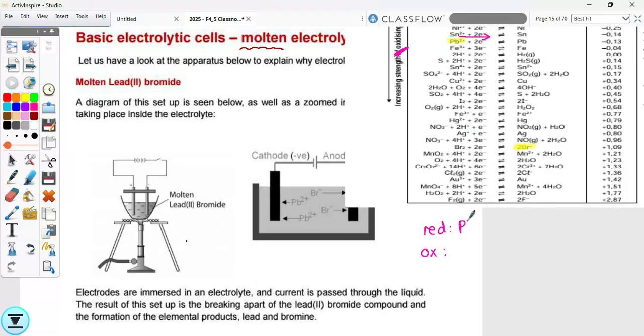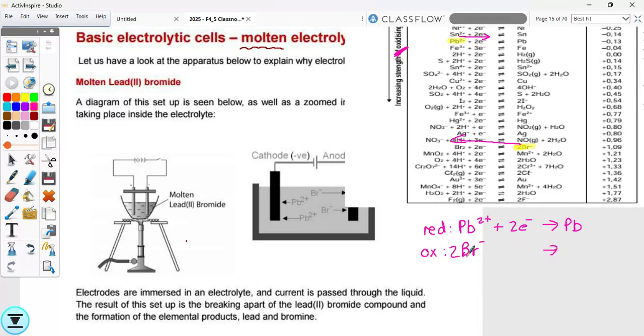And you can just write your reaction: Pb2+, you copy it exactly like it is from the table, forms Pb, with a one-way arrow. And the oxidation one, you write from the right to the left. So you're going to say Br minus. Now you do put the 2 because it's balanced for you already: 2Br minus.